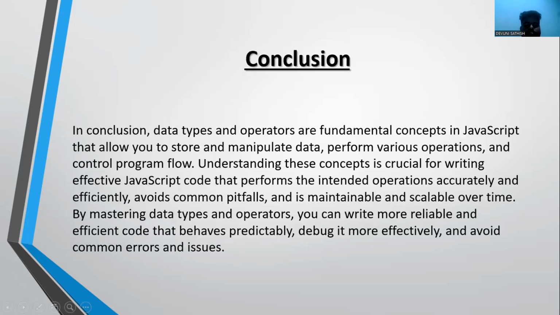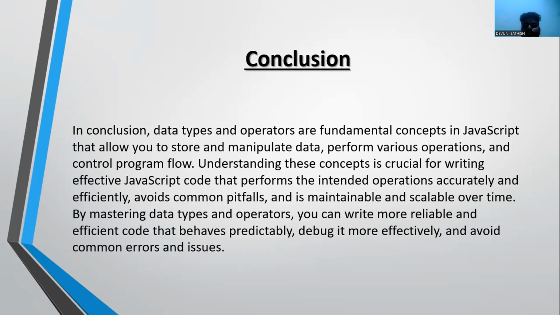So, in conclusion, data types and operators are fundamental concepts in JavaScript that allow you to store and manipulate data, perform various operations, and control the program flow. Understanding these concepts is crucial for writing effective JavaScript code that performs the intended operations accurately and efficiently.